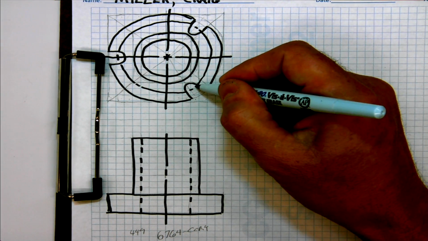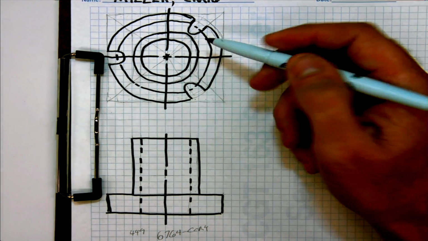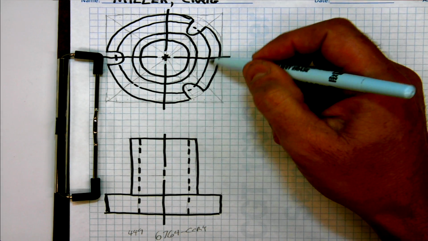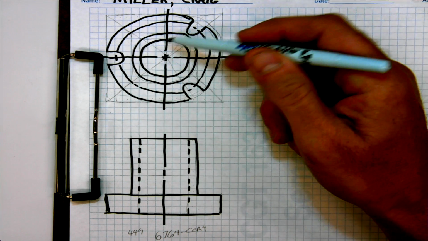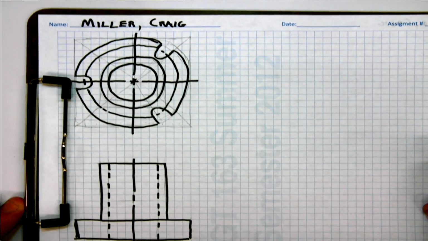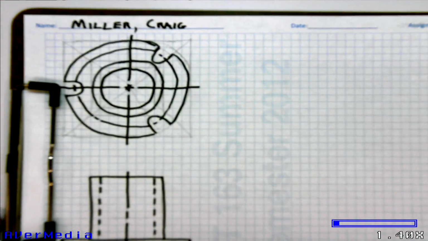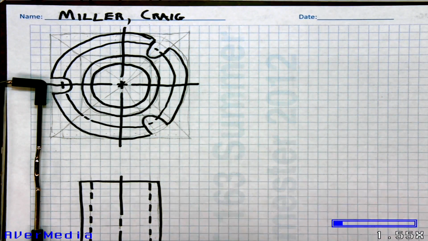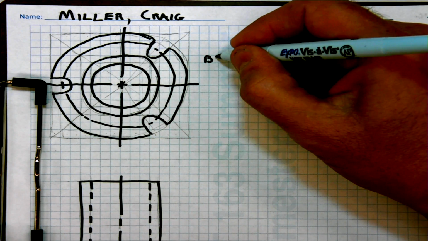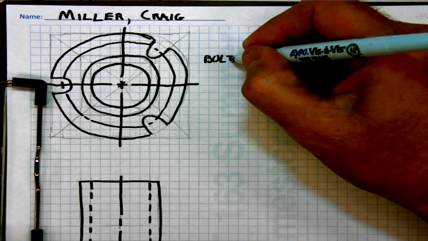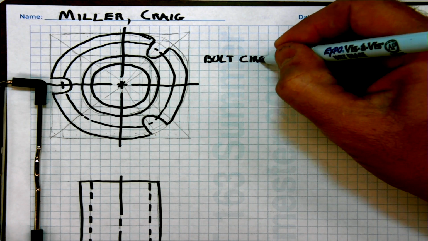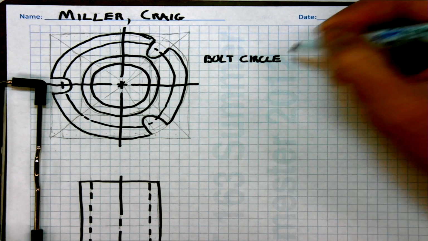Now, you may ask, what is this line here? This line going around here, there should be a gap in here, is a center line. It aligns where these slots are. This center line is called a bolt circle.